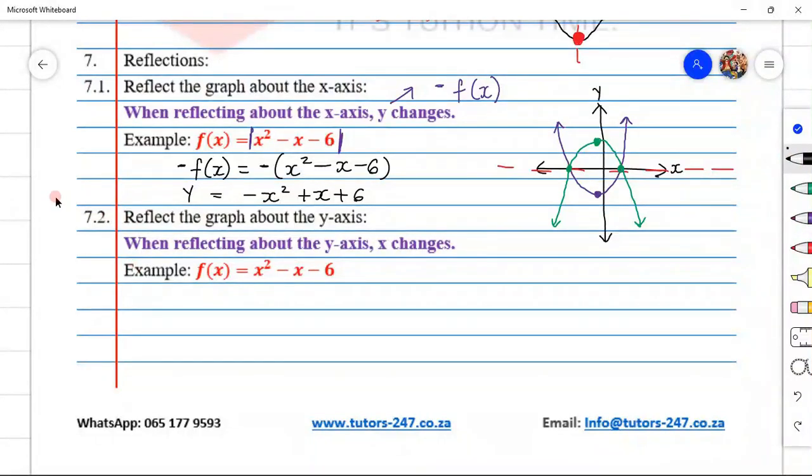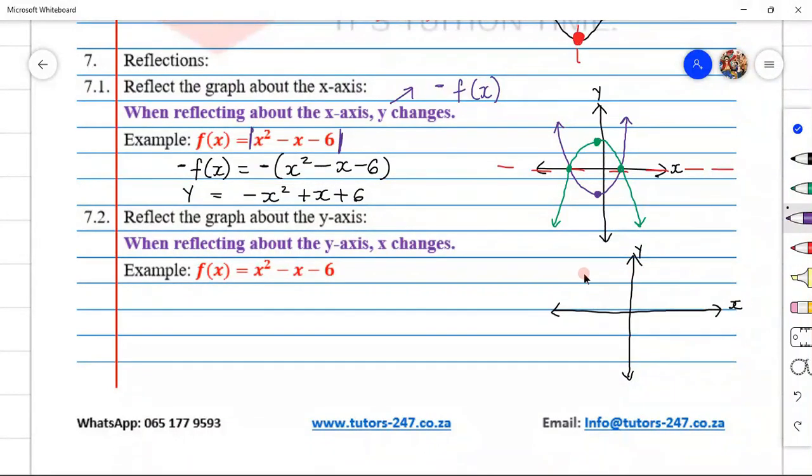Now, let's move on to point 7.2 to reflect the graph about the y-axis. So if we want to reflect about the y-axis, that is going to change the value of x. So let's do a quick example. So this is our axis.